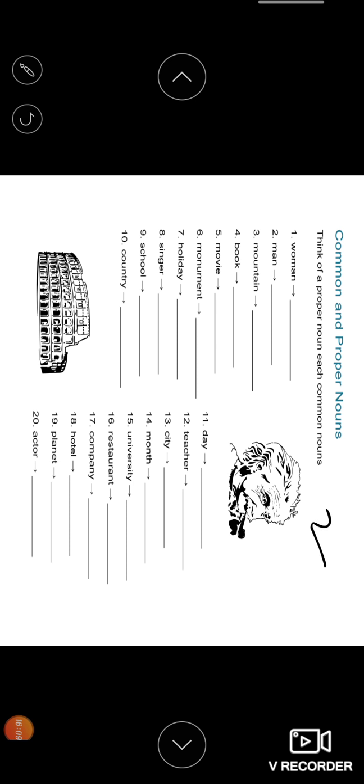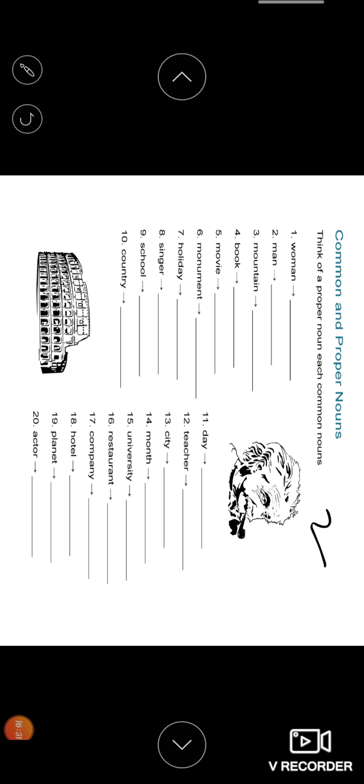Woman: it can be Sita, Geeta, or you can write any film actor's name, any celebrity's name, or famous personality's name, like Mother Teresa or Lata Mangeshkar. Any 2 women's names. Then man, the same: you can write Abdul Kalam ji, or your father's name, your grandpa's name.